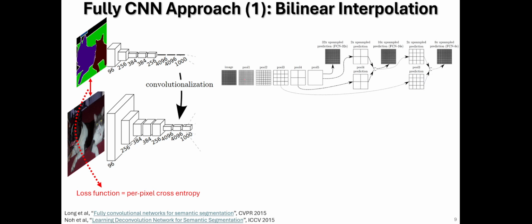So you have the image, you have pool 1, you reduce the resolution, pool 2, you reduce the resolution, pool 3, okay, so you reduced it to a very low resolution which is here, and then of course you flatten it. So what they're saying is you just need to upsample it back, finally to the full resolution of your original image. So you upsample it 2 times because you did 2 times reduction here.